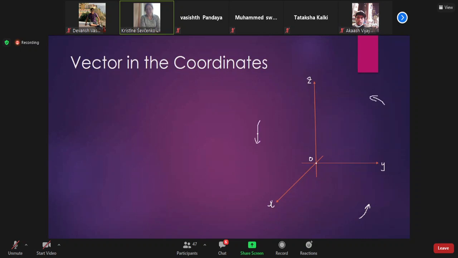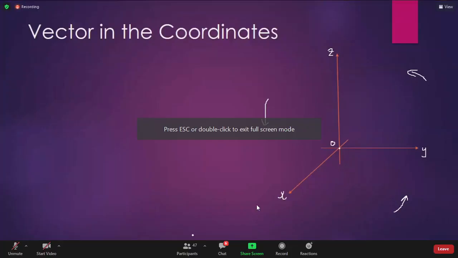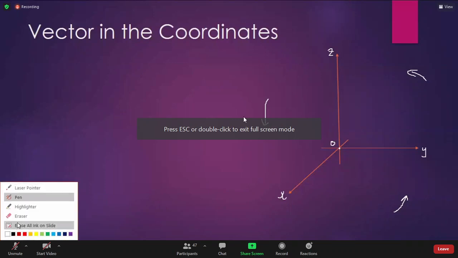And that's why this kind of system is called the right-handed system of coordinates. And in fact, we generally use the right-handed system.